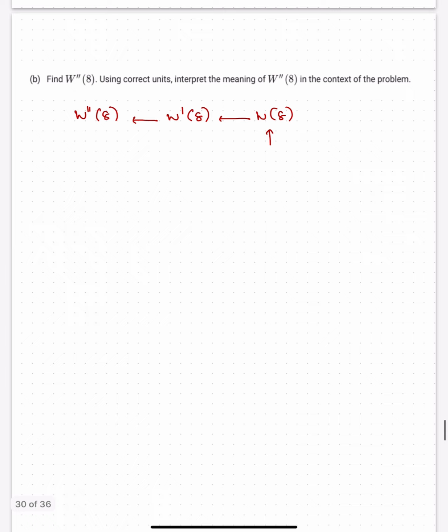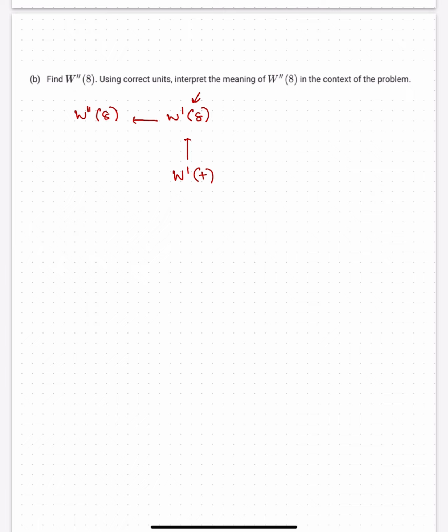So we don't really need this, by the way, but we need W prime of 8. In order to find W prime of 8, you have to have W prime of t, because W prime of 8 comes from substituting 8 into the first derivative.